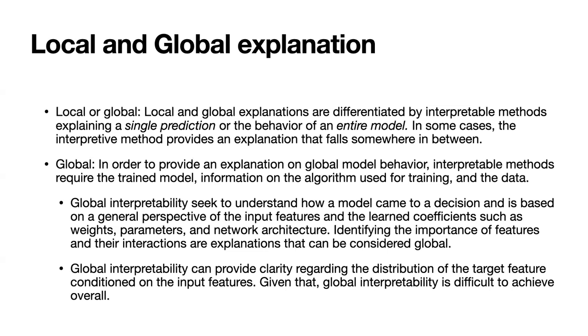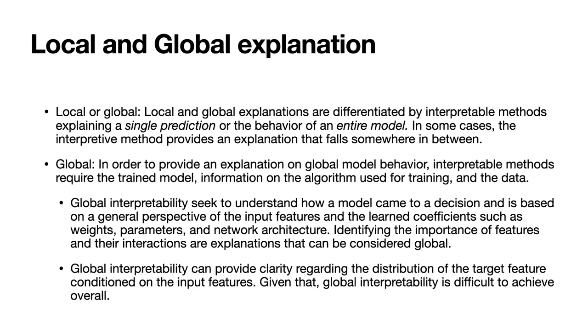One other angle that will become interesting and important in terms of understanding explainability techniques is this aspect of local versus global, okay? So local explanations are based on a single instance or a set of instances. What they really do is inspect the decision boundary at a certain data point or all the data points in the vicinity. Global explanations, on the other hand, try to summarize the model's overall functioning.